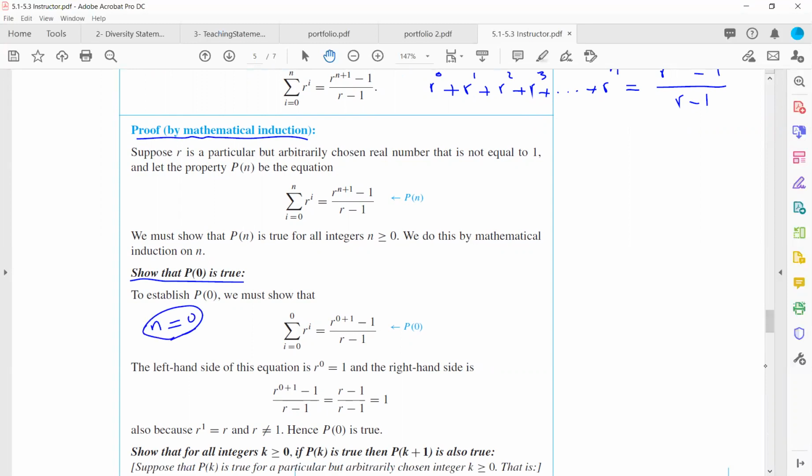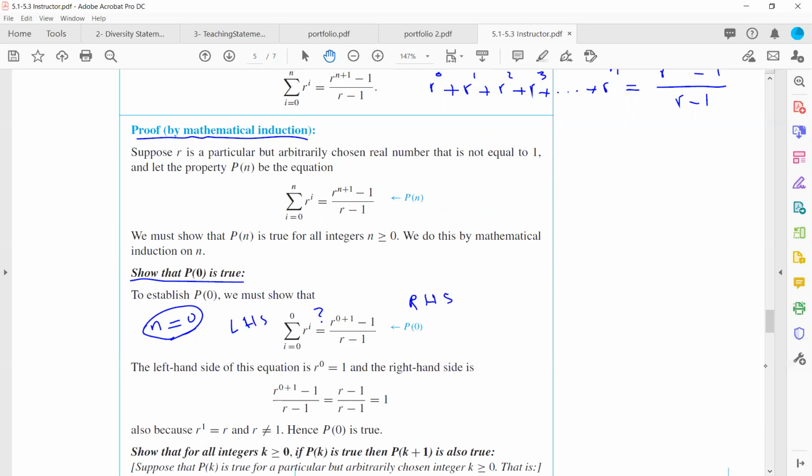It's not r. So is the sum i from 0 to 0 of r to the i equal to r to the 0 plus 1 minus 1 divided by r minus 1? This is your goal. You need to show that the left-hand side is equal to the right-hand side.